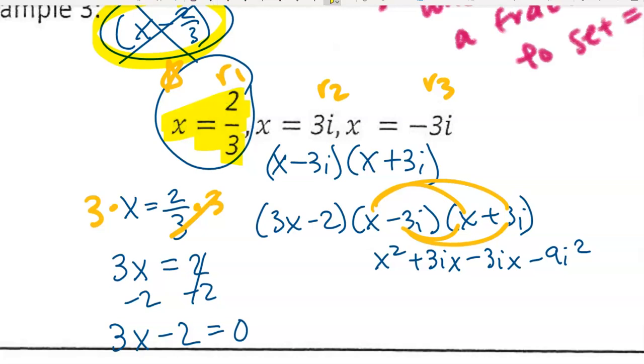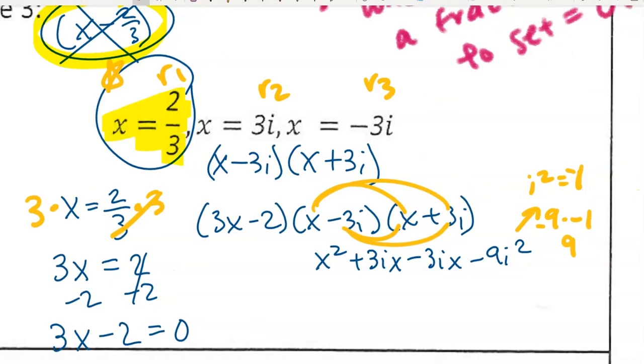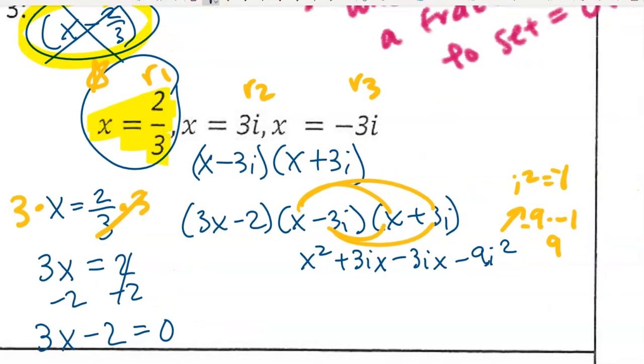Now again, we said i squared is negative 1. So instead of saying 9 times i squared, we're saying negative 9 times negative 1, which is a positive 9. So get rid of the i, make it positive. The middle two terms cancel each other out, leaving us with x squared plus 9.